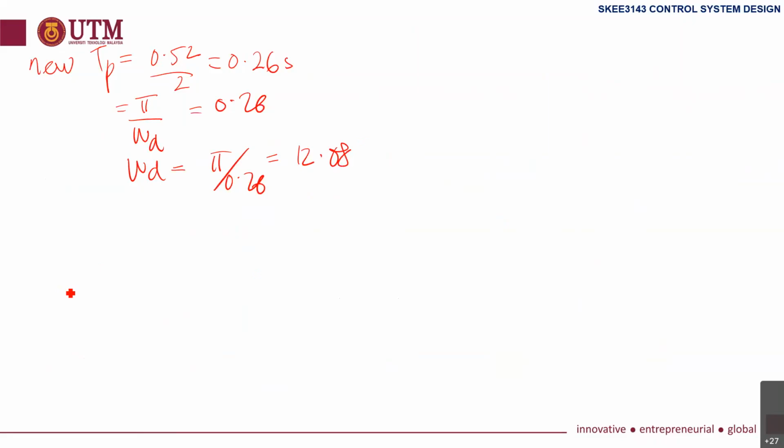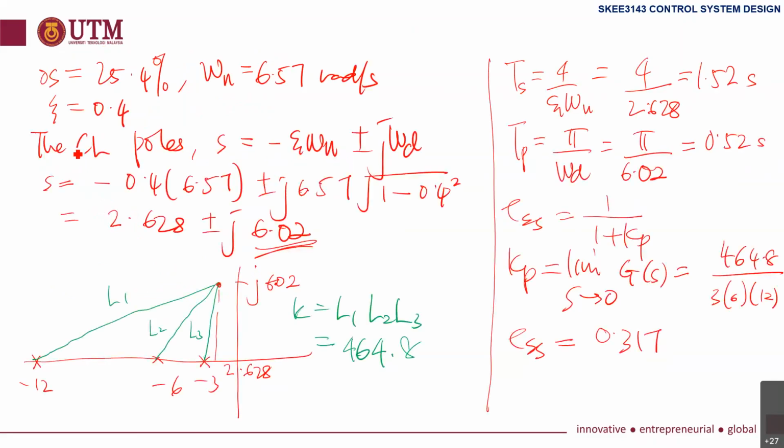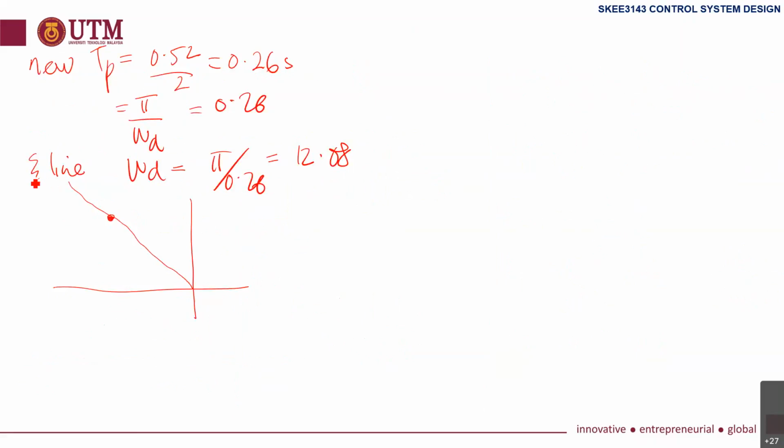Therefore, we can also find another line on the real axis. This is the zeta line, to achieve a 0.4 damping ratio or 25% overshoot. Zeta 0.4. If you check, this should be 66.4 degrees.